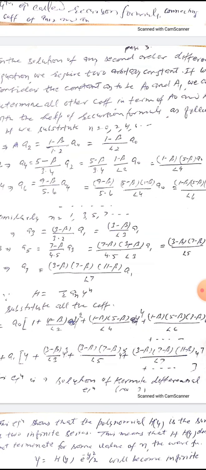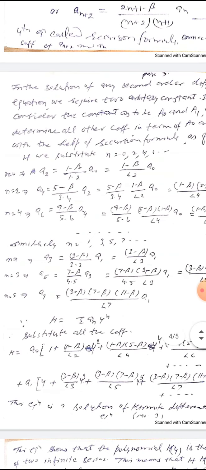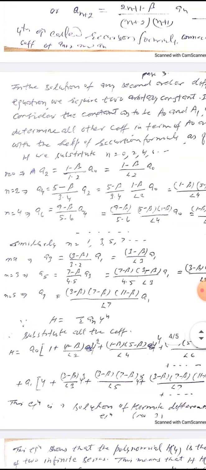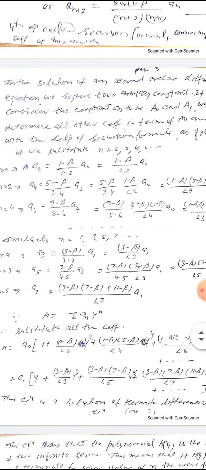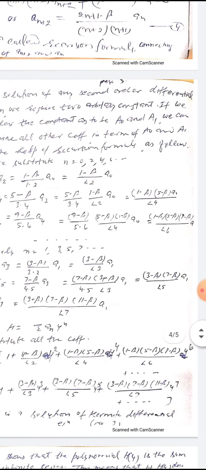If we substitute n equals 0, then a2 is equal to (1−β)/factorial 2 times a0. For n equals 2, a4 is equal to (1−β)(5−β) a0 upon factorial 4.